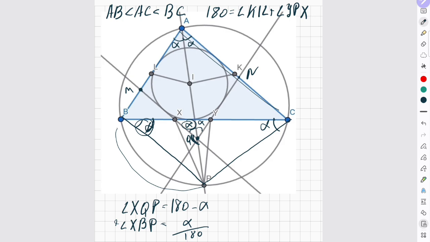It means that the quadrilateral BXQP is cyclic. Same as the quadrilateral CYQP.